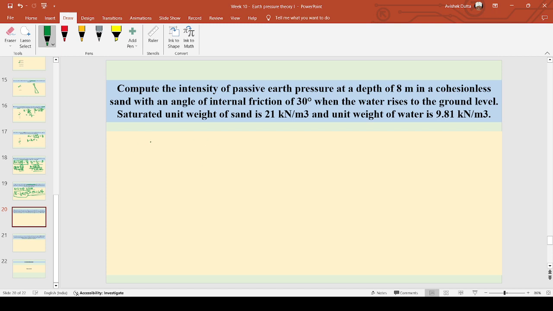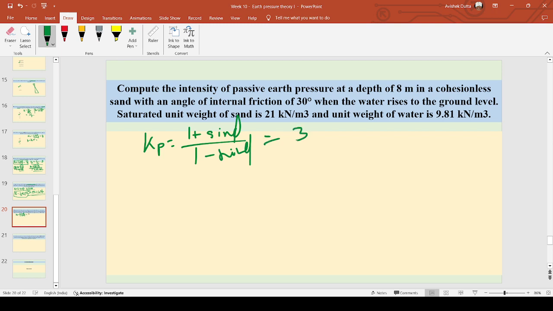So what is the first step over here? We need to find the value of Kp, the coefficient of passive earth pressure. This is 1 plus sine phi by 1 minus sine phi, for 30 degree again it is equal to 3.